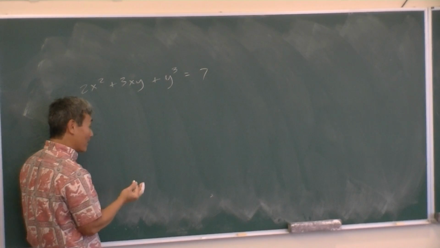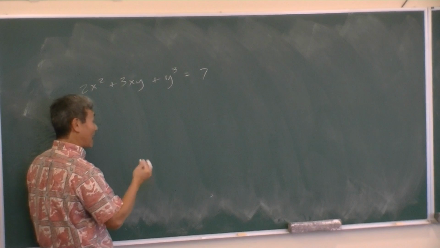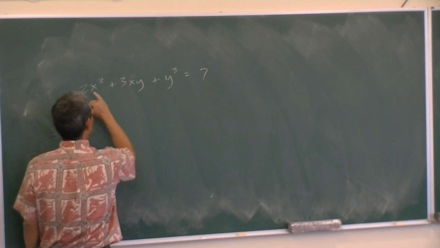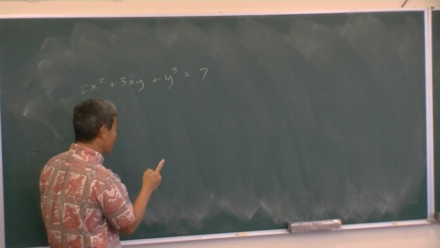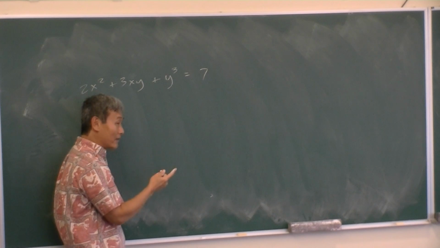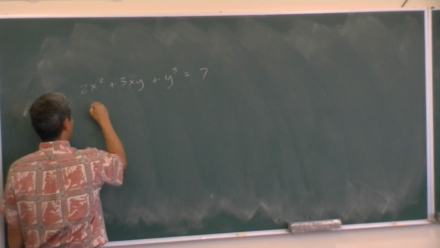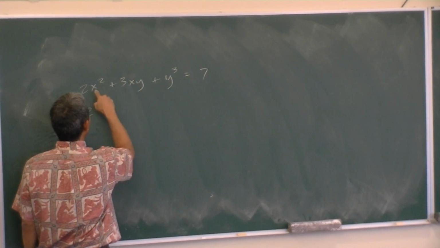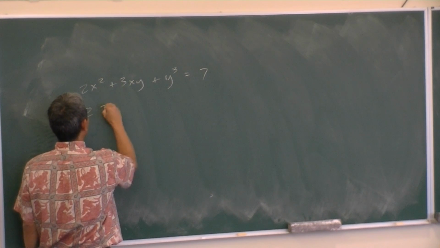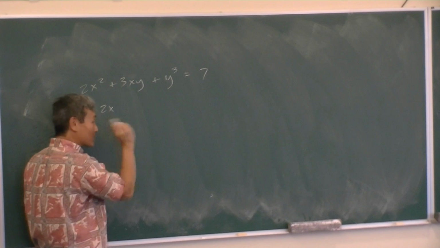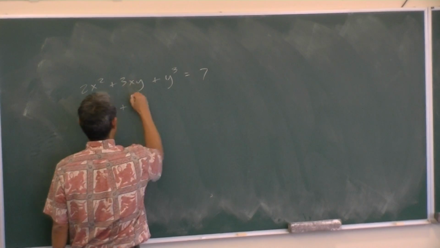Now you got to remember you're taking the derivative with respect to x. So that means when you take the derivative of x, you're going to get 1. When you take the derivative of y, you get like y prime or dy dx. Okay, so throw the 2 on the side. What's the derivative of x squared? 2x times the derivative of x, which is 1. 3 is a constant.